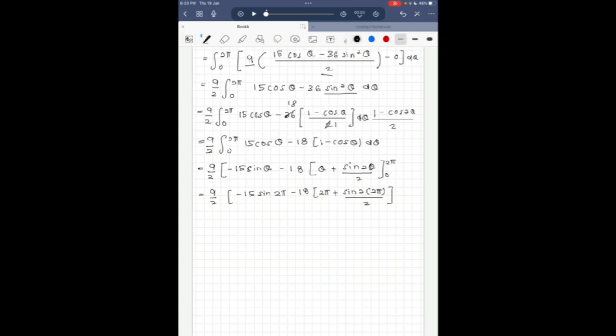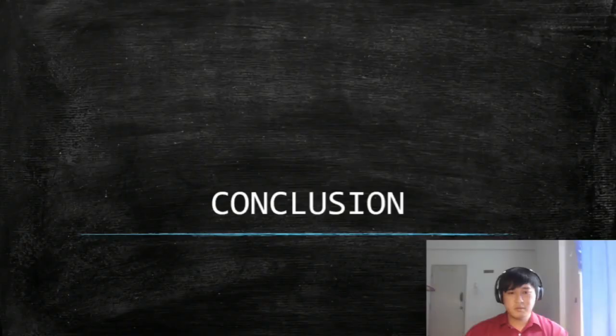The sine of 0 will be 0, so this will be 0, and this is also 0. So the last answer is negative 18 times 2 pi, which will be negative 36 pi, and multiplying by 9 over 2, the last answer is negative 162 pi. This is the final answer.